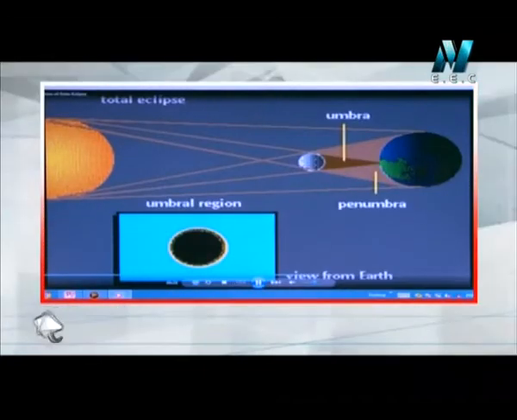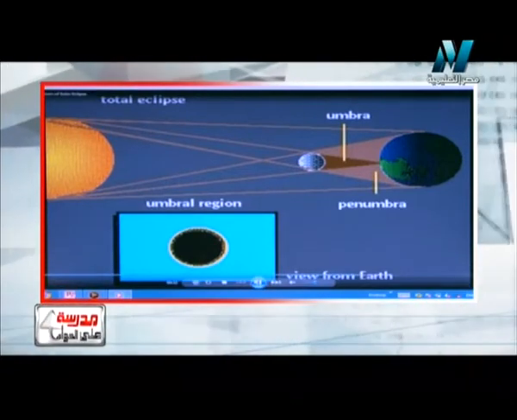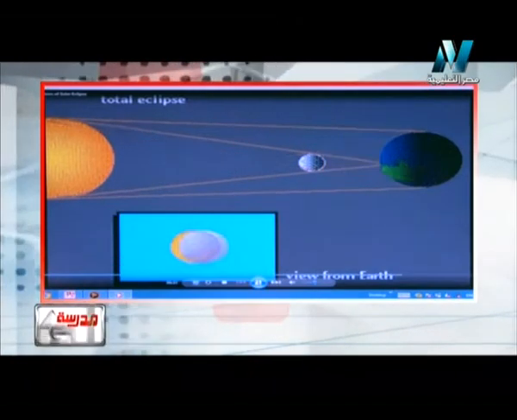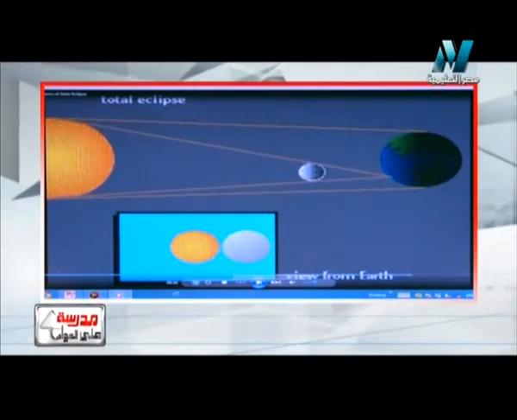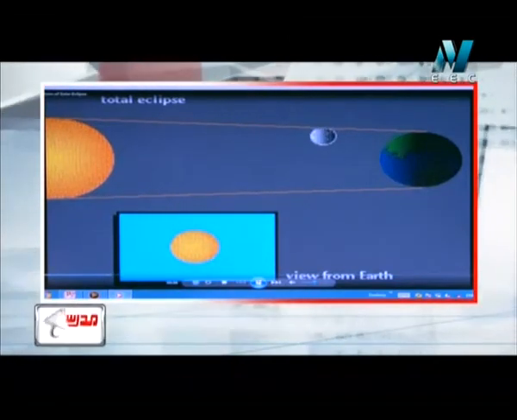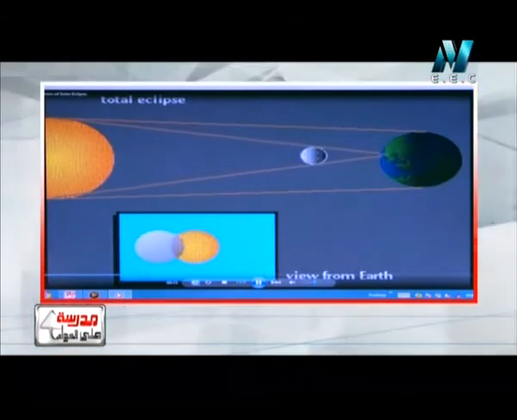We have three types of eclipse, but up till now we have studied two types only, which are total solar eclipse and partial solar eclipse. Look again here, I have partial solar eclipse. When do I have partial solar eclipse?